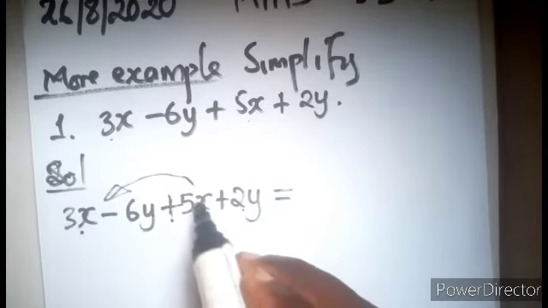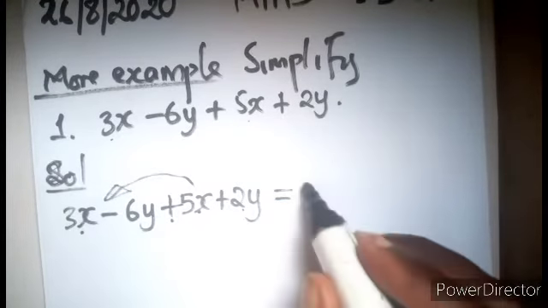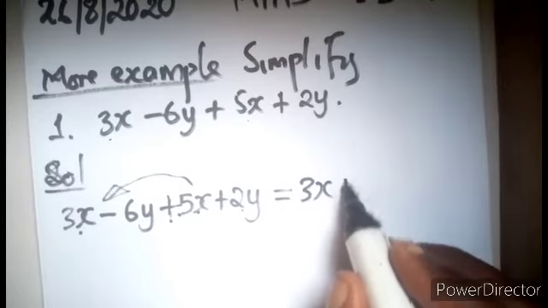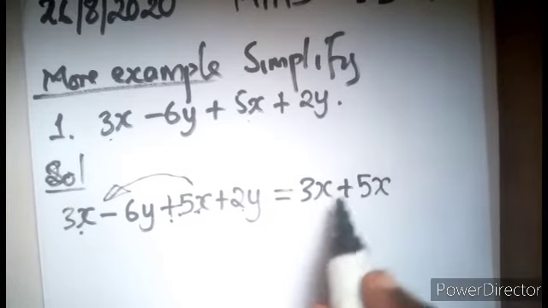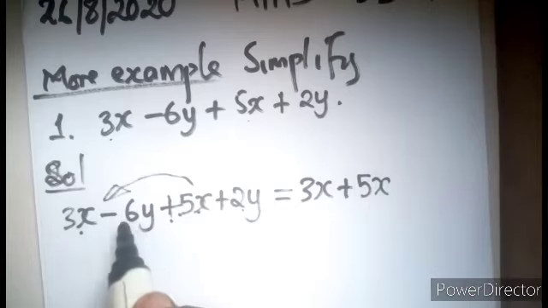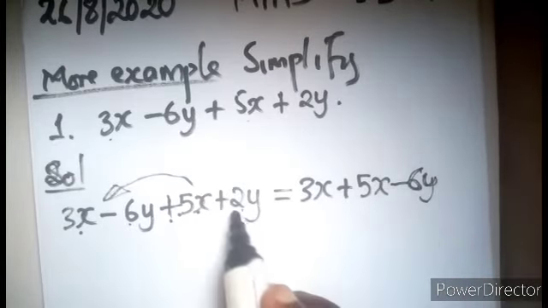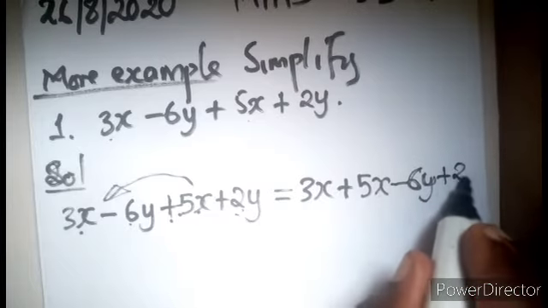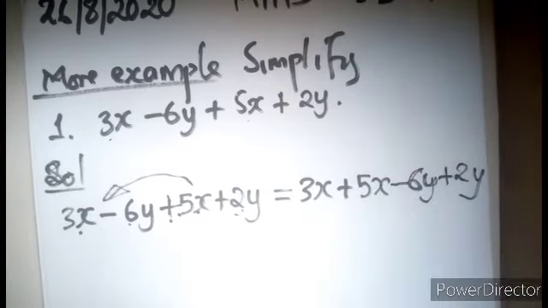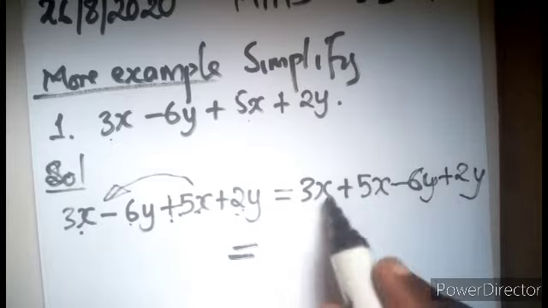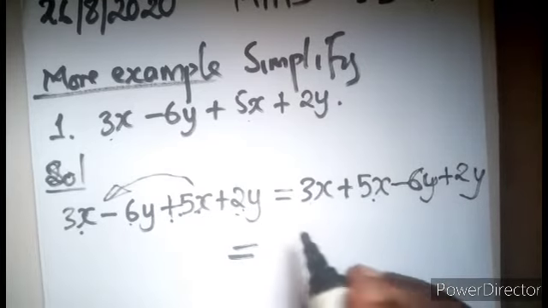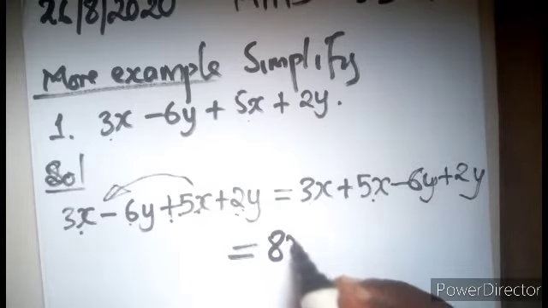So if we take 5x closer to 3x, we have 3x plus 5x, then minus 6y, and what comes next? Plus 2y. You see that 3x plus 5x is 8x.